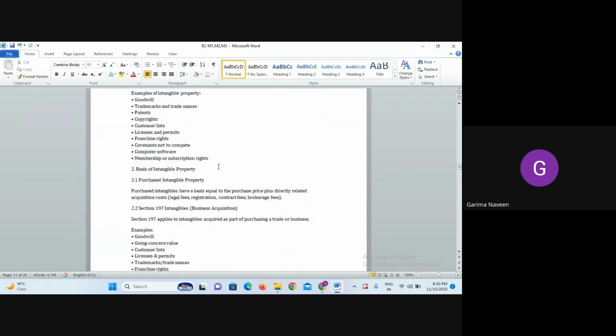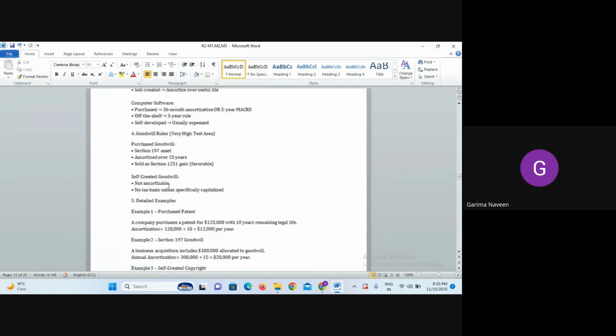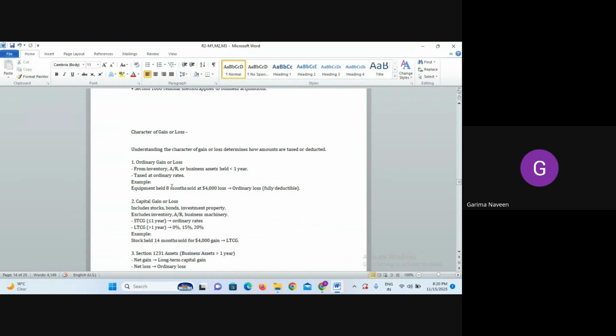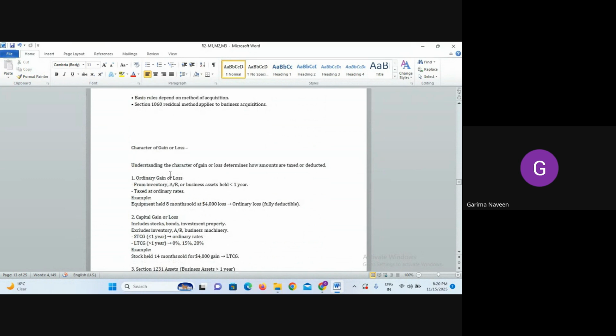So this is the same intangible we already discussed. Next is the character of gains and losses. As I already told you, if you are selling your capital asset, then the gain or loss resulting from the sale will be classified as capital gain or loss.